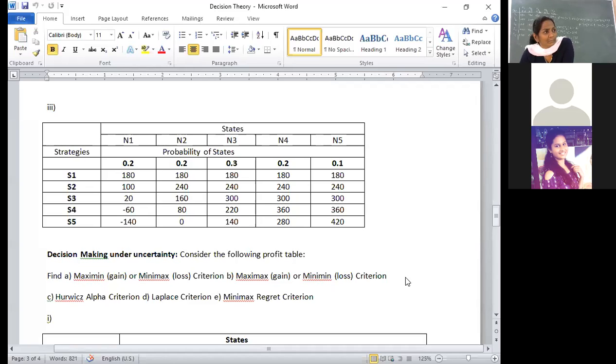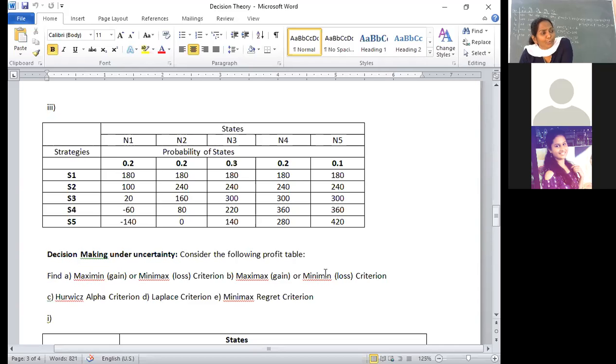Mansi? Mansi, are you able to get the answers? Yes, ma'am. Over, all 5 over? No, ma'am, solving. Okay. Shivani? Shivani, 449. Shivani Kaul?